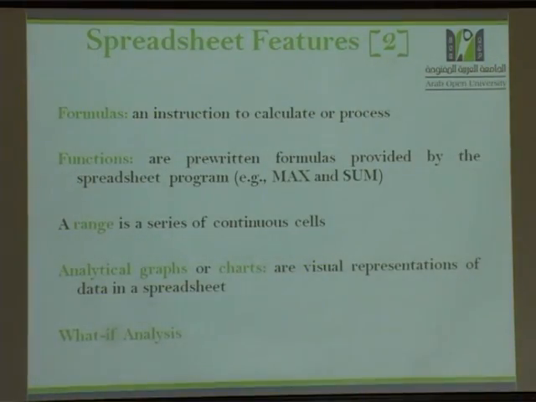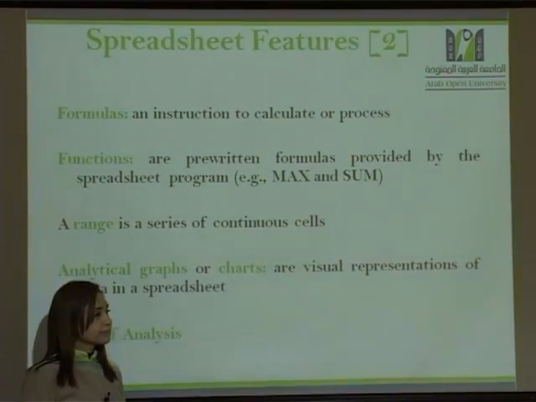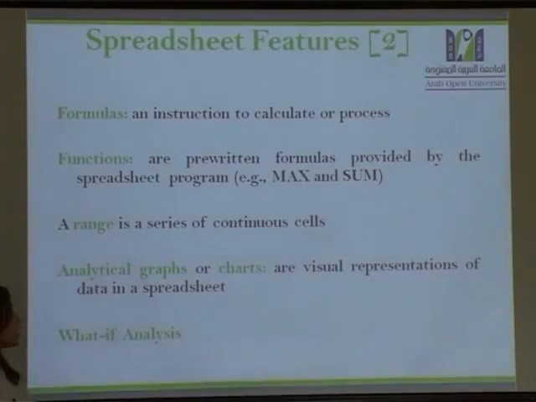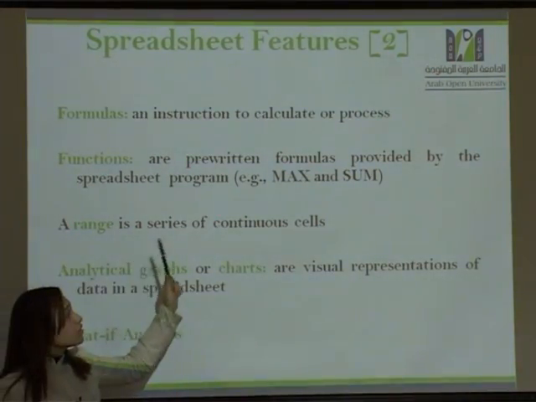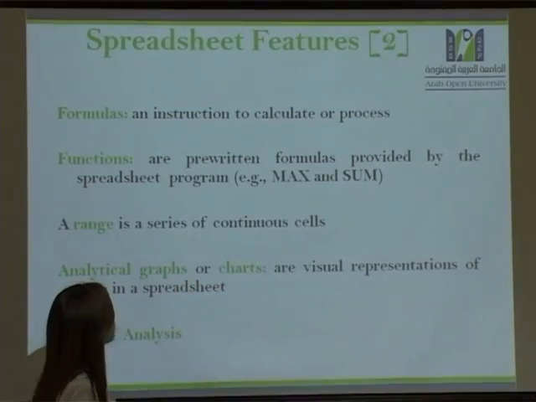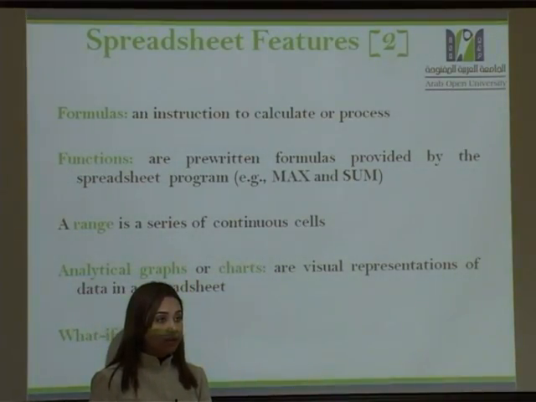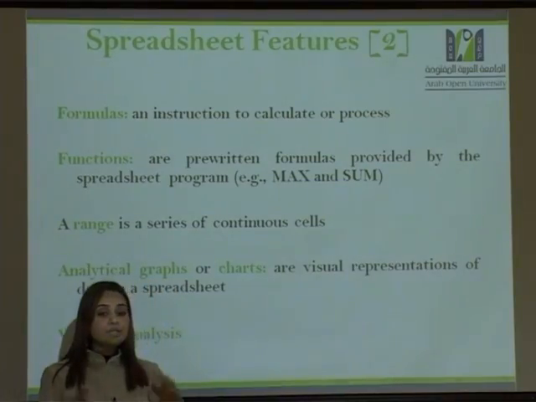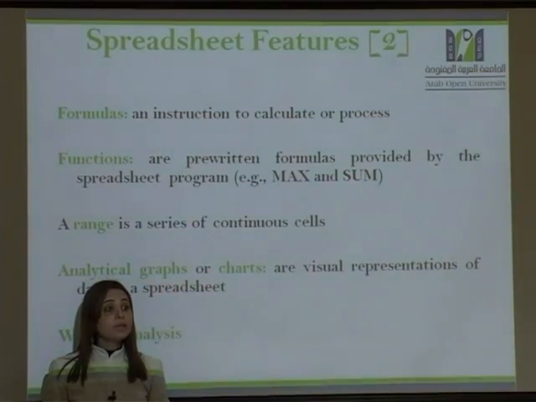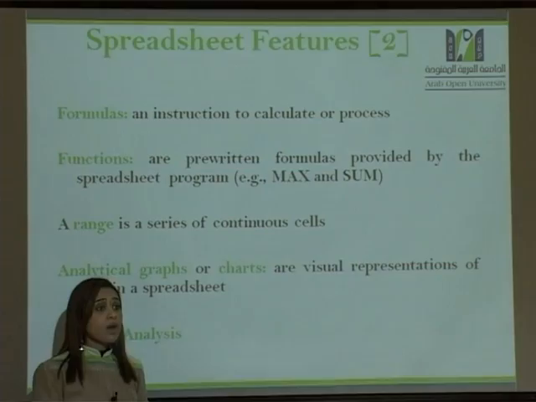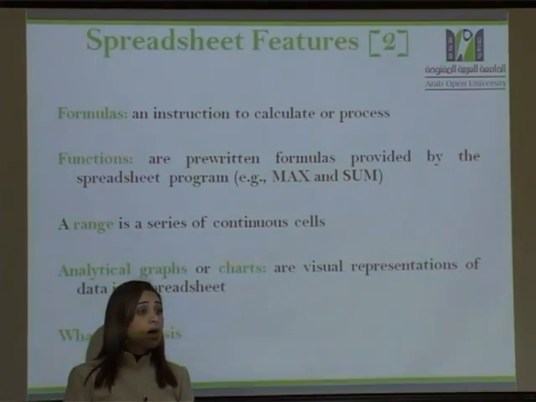What is the difference between a formula and a function? Let's start with the function. A function is a pre-written formula provided by the spreadsheet program itself. When I tell you to insert a number of grades and then get the highest of all these grades, how can you find it?